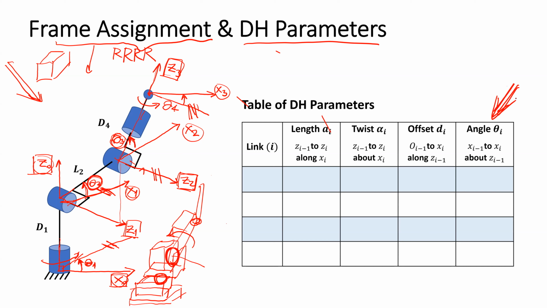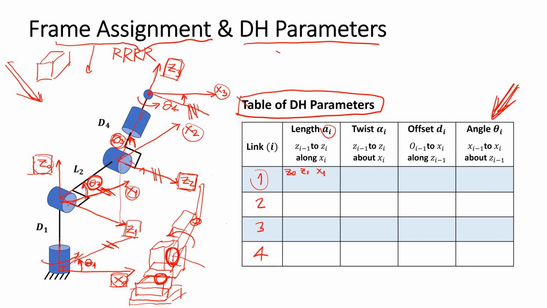Okay, so come back to here. How can we compose the table of the DH parameter that has 4 links? The link length of link 1 is measured as the distance between C0 and C1 along X1.